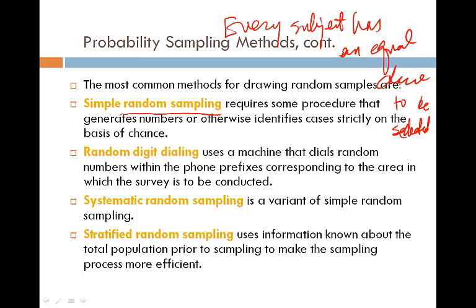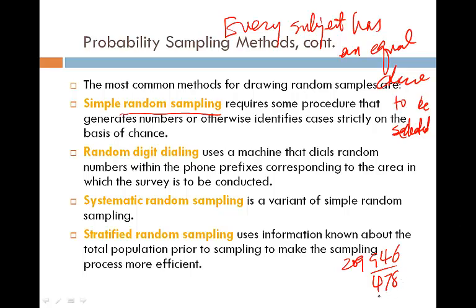Random digit dialing is another method for using random sampling, but this only applies to telephone calls. For example, if we want to study Stockton people, and say we have 2 prefixes, let's say 209-946, so 946 is a prefix, and then we have, let's say, 478.